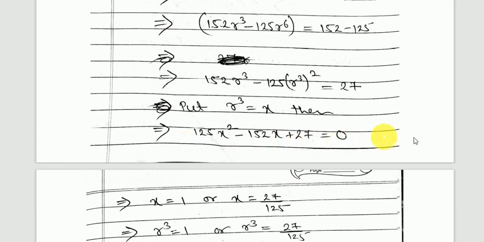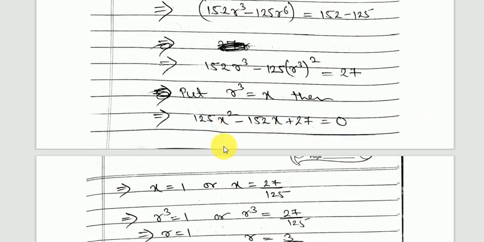So I'm getting a quadratic equation. Solve this quadratic equation and you'll get x equal to 1 and x equal to 27 upon 125. But x is nothing but R cube. So here R cube equal to 1, that means R is 1, and in this case R equal to 3 by 5.